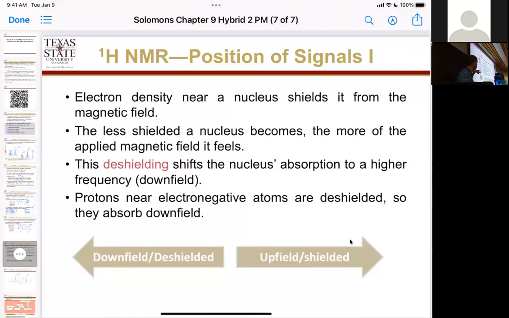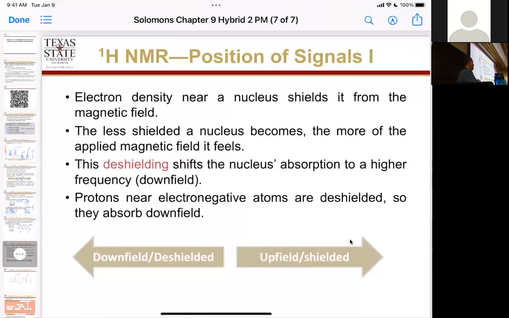De-shielding is when the nucleus absorption is at a higher frequency. So that means you have something with an electron withdrawing group that is pulling electron density away from that carbon, which pulls it away from the hydrogen. Okay, so that means that things that have things bonded like oxygen and nitrogen next to them are going to be moving downfield. Things with double bonds are going to be moving downfield.